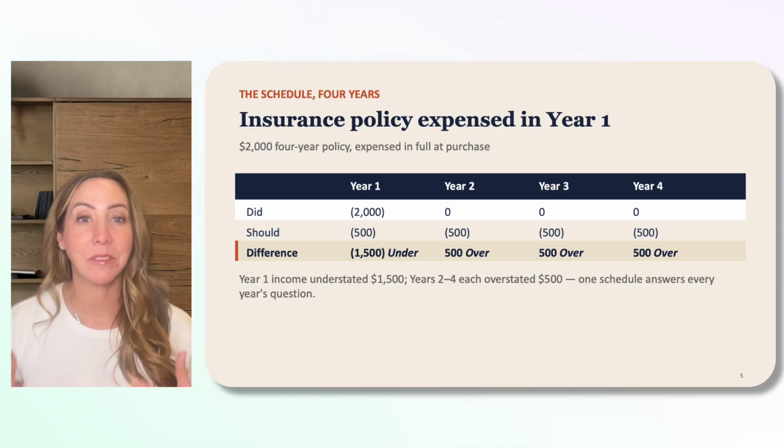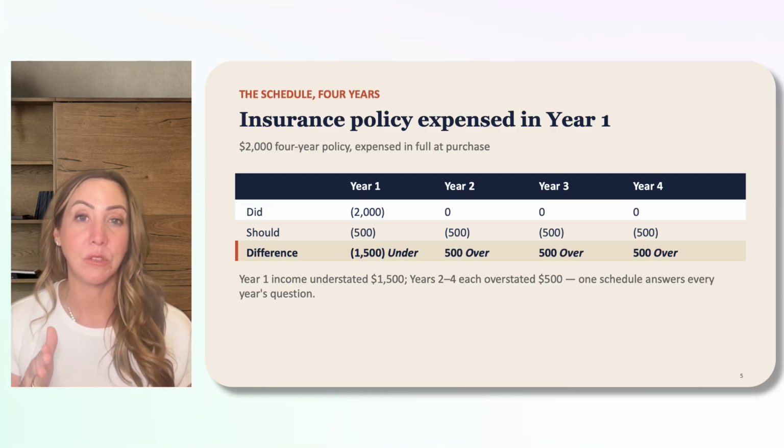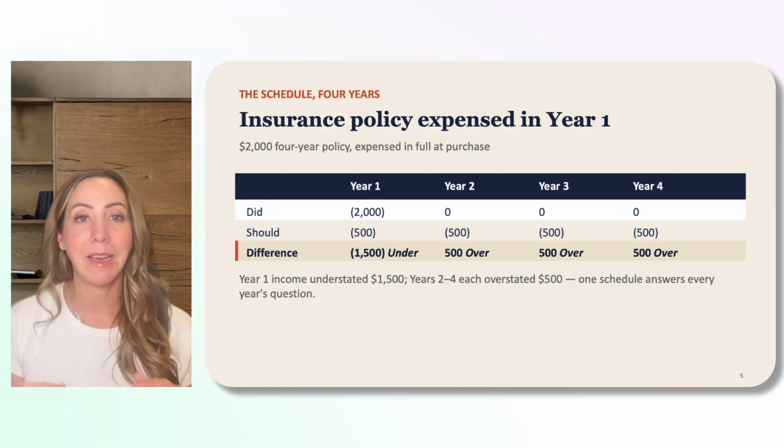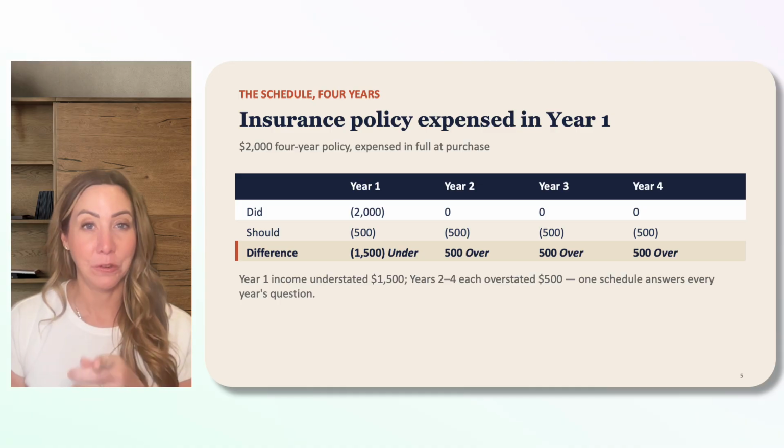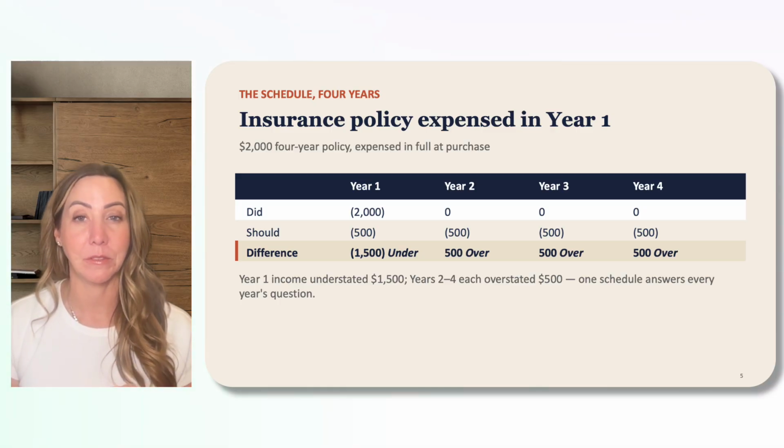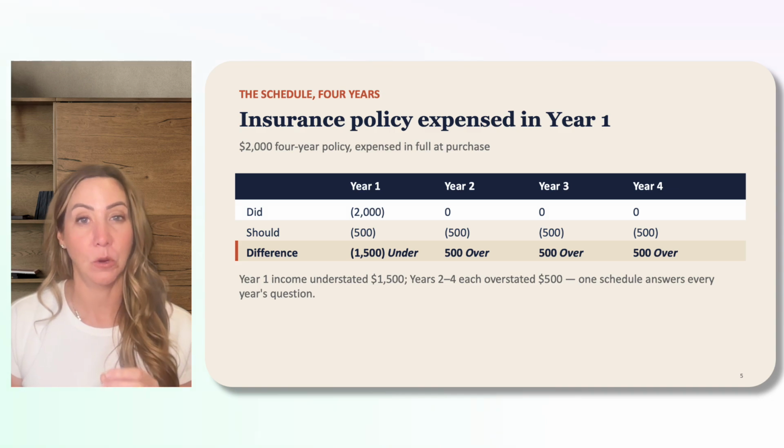And here's the bonus the schedule hands you for free. At any date, the sum of the differences so far tells you exactly how misstated retained earnings is at that date, and the remaining prepaid insurance that should be on the balance sheet. For example, at the end of year 2, notice the sum of the differences would be a $1,500 understatement plus a $500 overstatement.